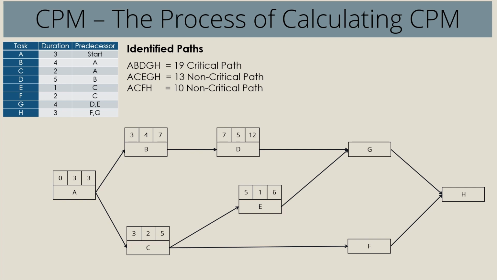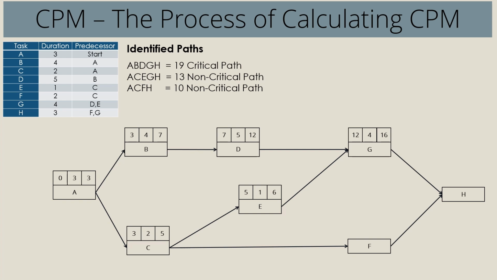Activity E finishes at the end of day 6, and D finishes at the end of day 12. So we have to wait until the end of day 12 before we can start activity G. So we bring in the 12 as early start for activity G and add the duration of activity G, which is 4. That gets you 16.